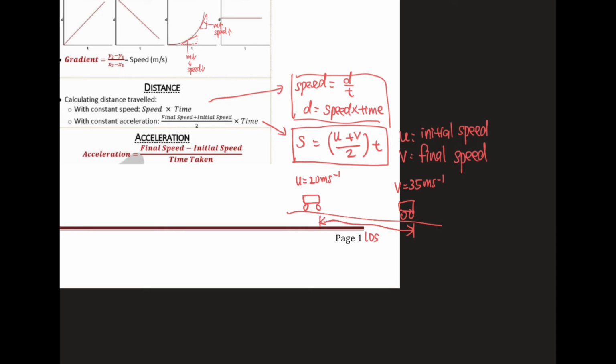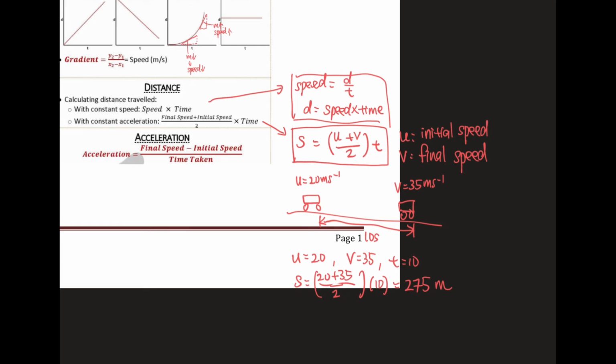Okay, so u is 20, v is 35, t is 10. So we count the distance. s equal to u plus v over 2, multiply with 10. Then you will get 55 times 10 over 2, so you get 275. This is the distance moved by the trolley.